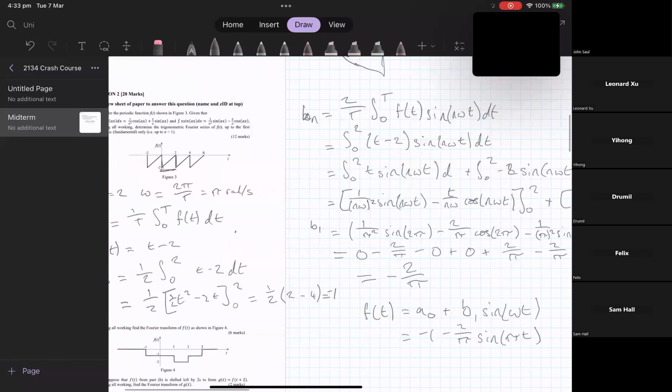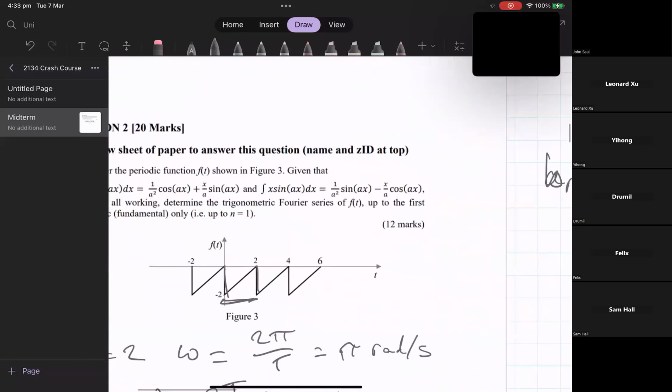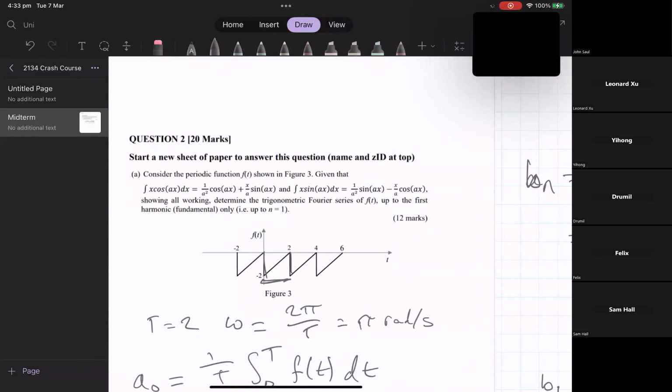Yes, this question gives you this formula we needed to use just here. No, you don't need to know this formula, but anything they give in the question, you assume that you're going to have to use. You will have the normal formula sheets for your Fourier transforms and all of that.